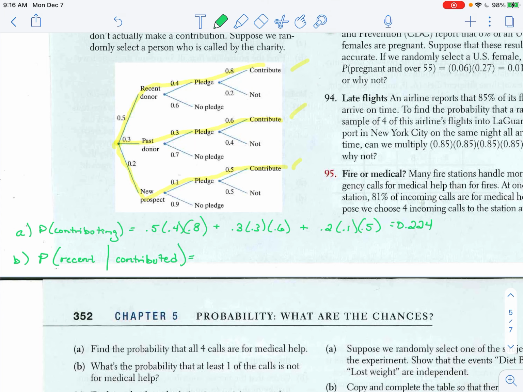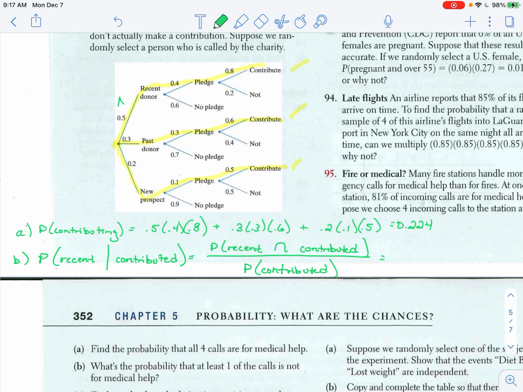We have to use our conditional probability formula, which says you find the probability of recent and contributed, the 2 events happening together, and then you divide by the probability of the conditioning event. So that top one is one we actually already highlighted.